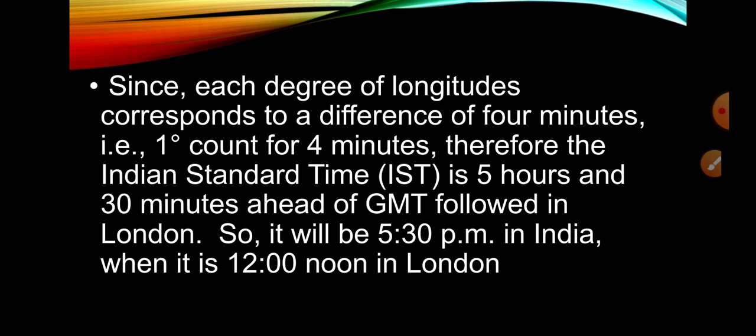Since each degree of longitude corresponds to a difference of 4 minutes, we have already studied this, that is, 1 degree counts for 4 minutes. Therefore, the Indian standard time is 5 hours and 30 minutes ahead of GMT, followed in London. So, it will be 5:30 p.m. in India, whereas 12 noon in London.